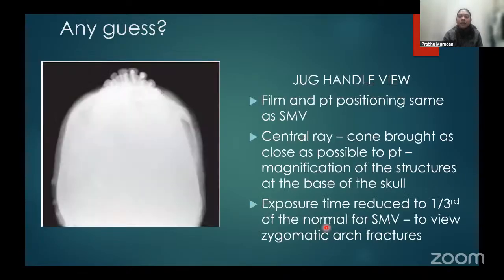This reduction of exposure is also useful in one kind of occlusal radiograph, the submandibular one. For example, when you're taking your mandibular X-ray for looking at a sialolith, we use this technique of reducing the exposure there also. The reason being, your sialolith is not always radiopaque.